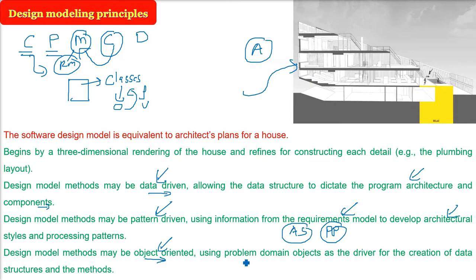So whenever we are talking about the object oriented paradigm, when your design model methods are all based on object orientation, then the problem domain basically consists of objects, and objects will dictate, or be the driver for, the creation of what data structure and method you are going to use for your implementation. So design model methods can be driven by three forces.